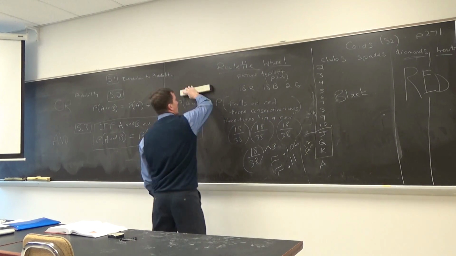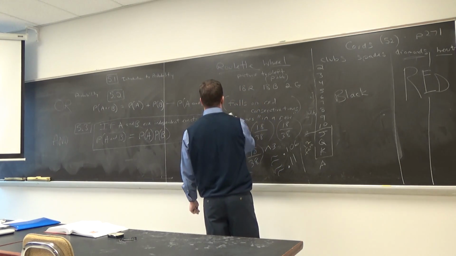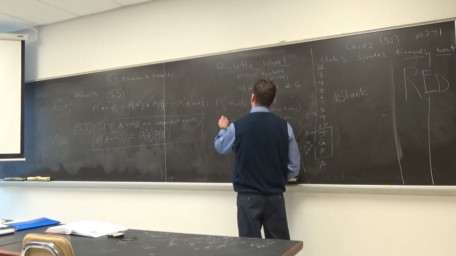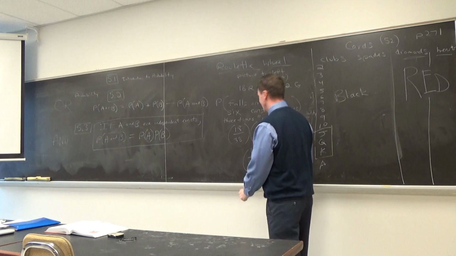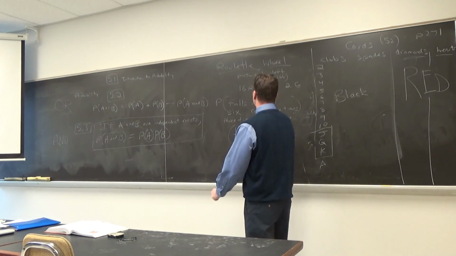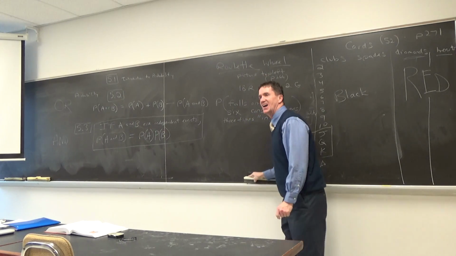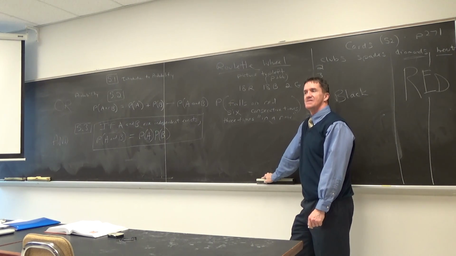Cool. All right, I've got another one. What's the probability it falls on red 6 consecutive times? That's even less. What's the probability it falls on red 6 consecutive times? 18 over 38 to the power 6.